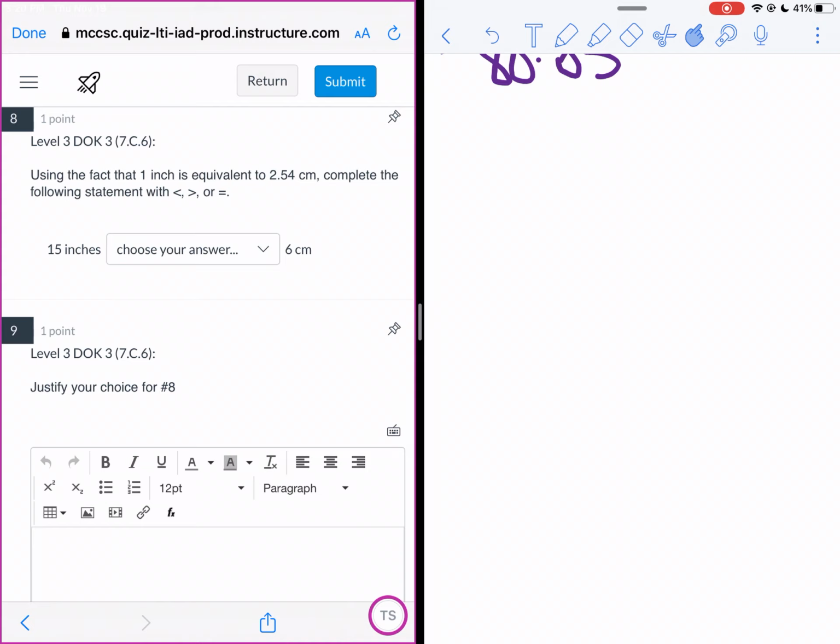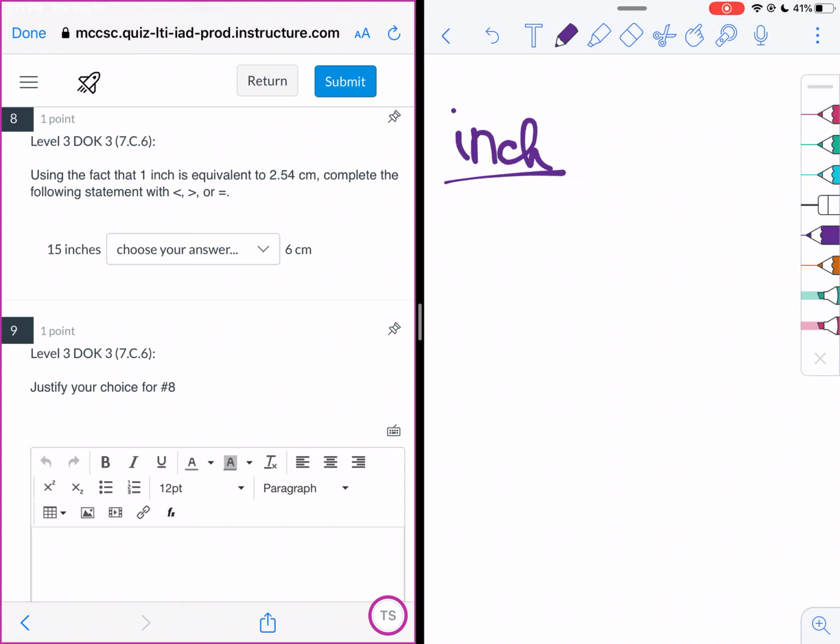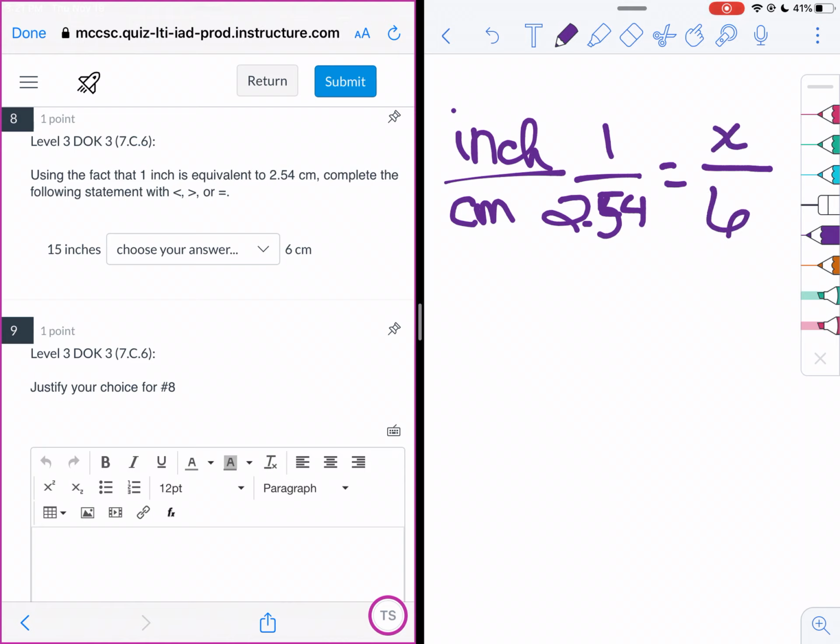All right, so 1 inch is equivalent to 2.54 centimeters. Sorry. So 1 inch in centimeters. So 1 inch is 2.54 centimeters. And so we want to know, is 15 inches or 6 centimeters bigger? So what you could do is you could see, well, how many inches is 6 centimeters?